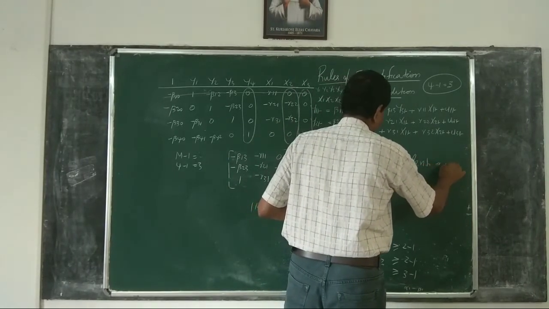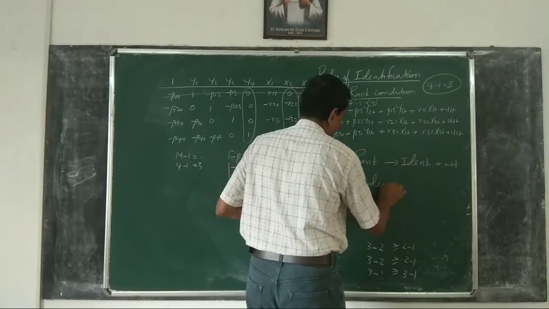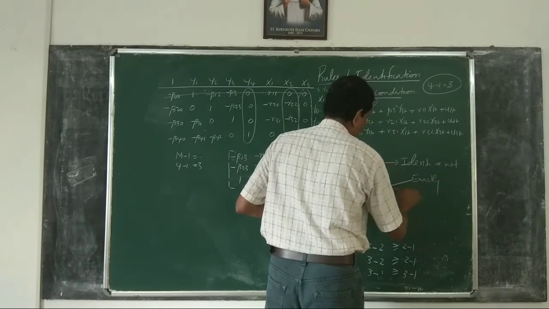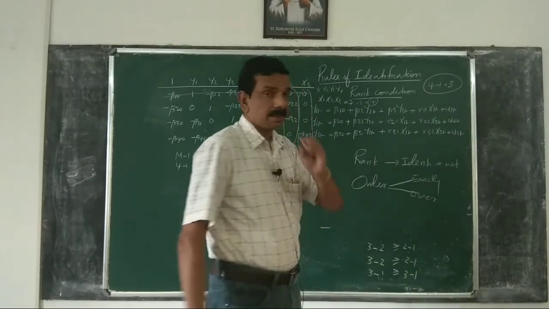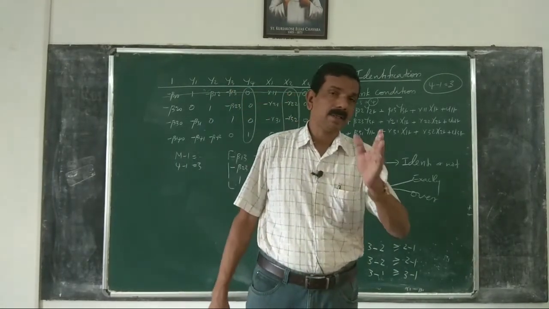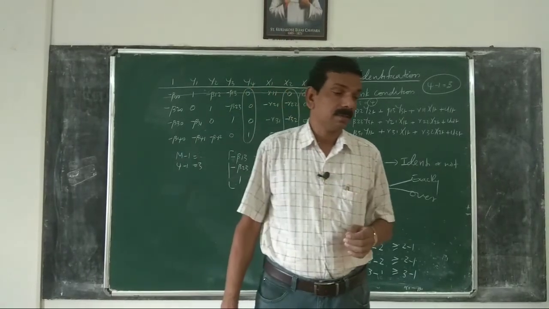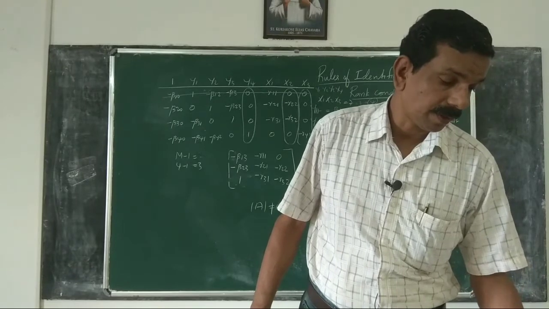Rank condition tells us whether an equation is identified or not. Order condition tells us whether it is exactly identified or over-identified.